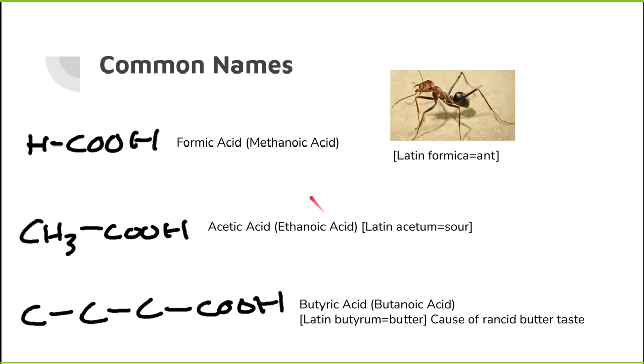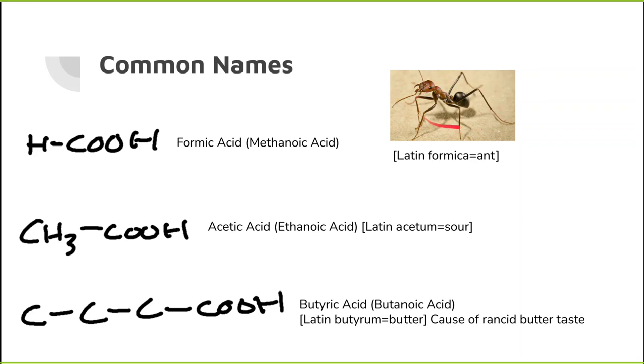There are some common names. So the smallest carboxylic acid that you have is just a carbon with a hydrogen on it. And this is called formic acid. And the reason why is that this acid was distilled from ants originally.